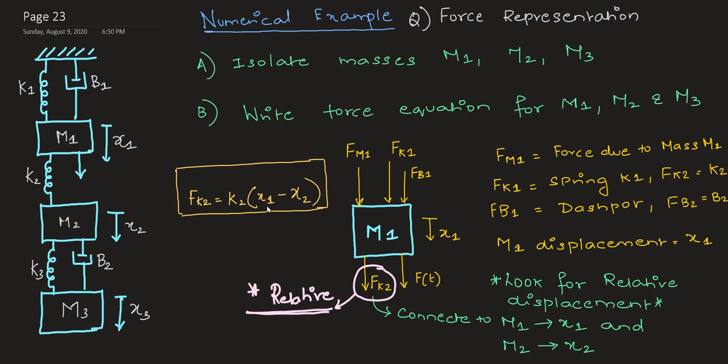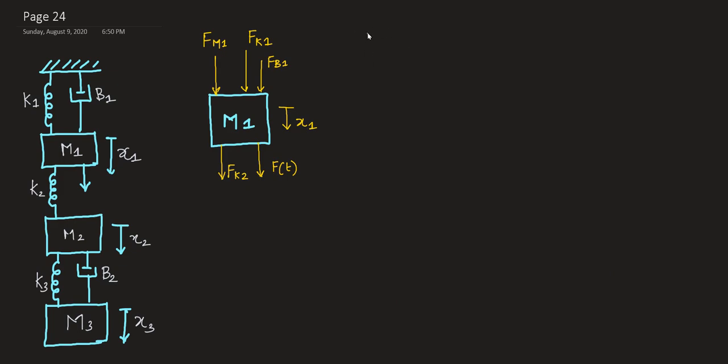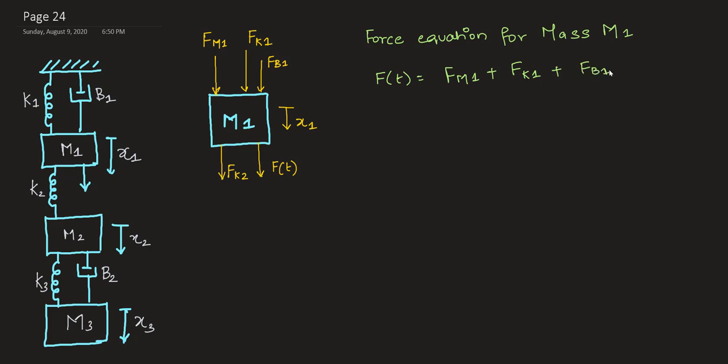The third thing you need to know is the order of the displacements in your relative displacement equation. The first displacement is always the displacement of the isolated mass in question. In this case, my isolated mass is m1, so my first displacement in the relative equation is going to be x1. For any isolated mass, we always take the displacement with respect to that isolated mass.